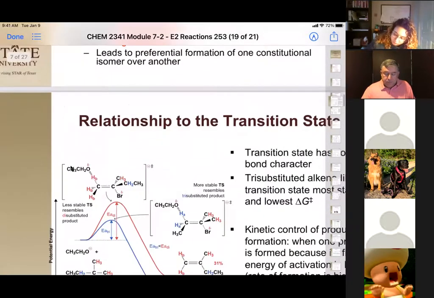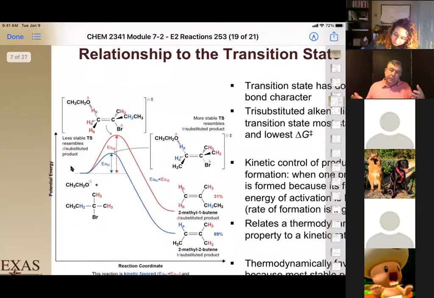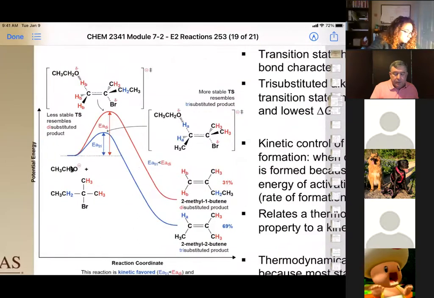Okay, so let's look at it from an energy perspective, okay? So the idea is we do get some of each product, right? So there is a kind of a competition between pulling off the beta hydrogens on those primary carbons and pulling off the beta hydrogens on those secondary carbons. So let's look at the energy barrier to do that.